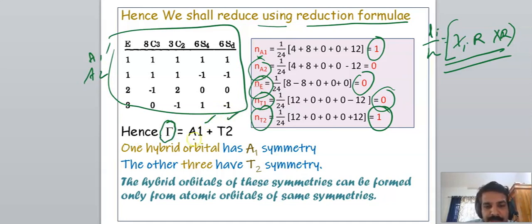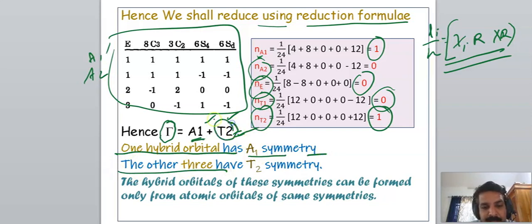A1 is 1 dimensional, T2 is 3 dimensional, therefore there are 4 hybrid orbitals. One hybrid orbital has A1 symmetry, and the other 3 have T2 symmetry, because T2 is triply degenerate.